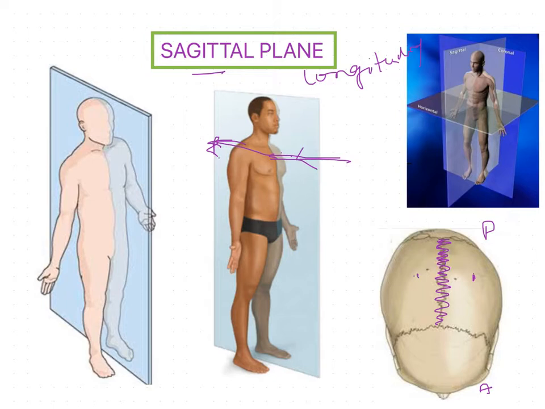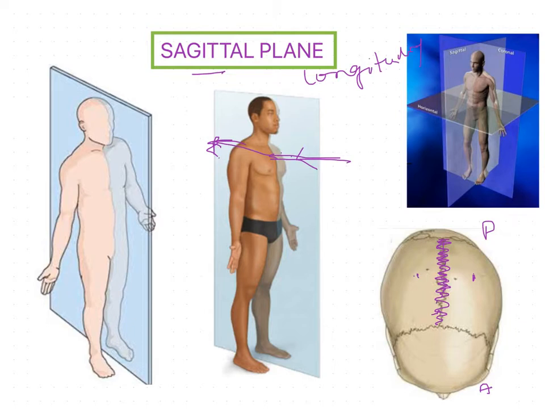This suture is called the sagittal suture. So the sagittal plane is parallel to this sagittal suture, or runs along this suture, and that is why it is called a sagittal plane.